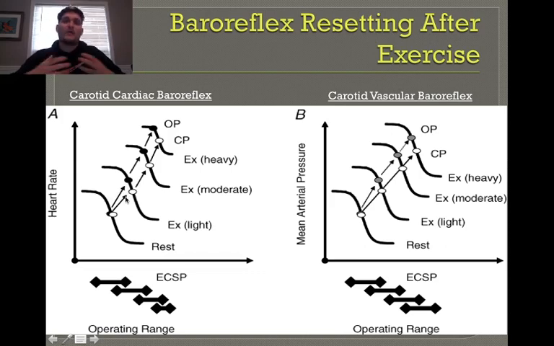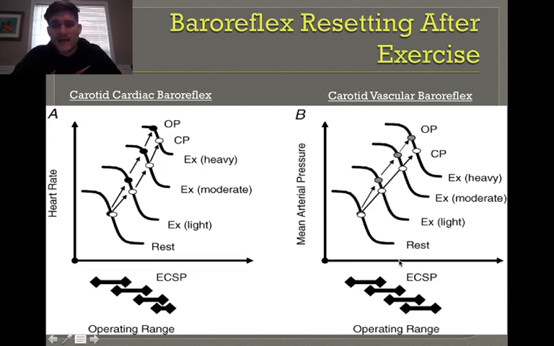And that is to help with the sympathetic nervous system response. But when we're looking at the differences here, we see that as far as our threshold and saturation are concerned, for the cardiac response, as we increase our intensity of activity, that operating range becomes smaller and smaller and smaller. And this operating point becomes closer and closer to that steeper portion of the curve.